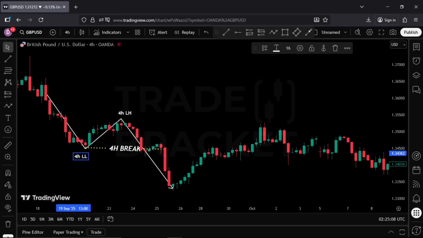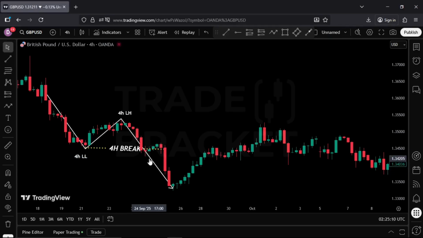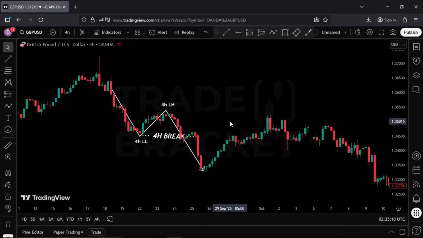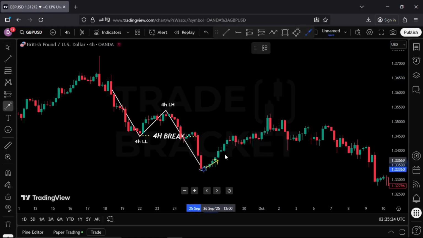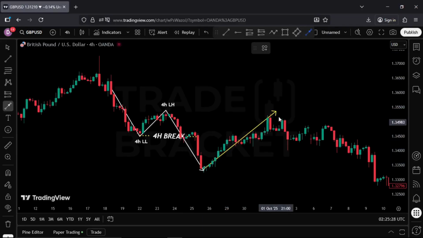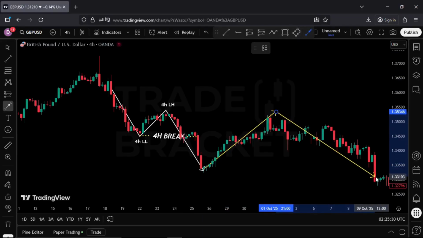Until this point, this is the market structure that we have marked. The next step of the market is that the market has to make a pullback, and then continue to the downside.